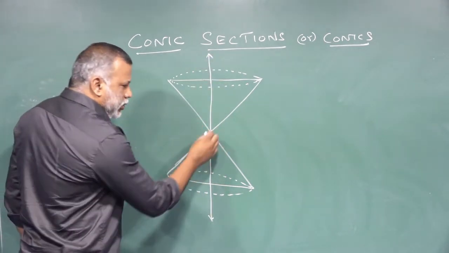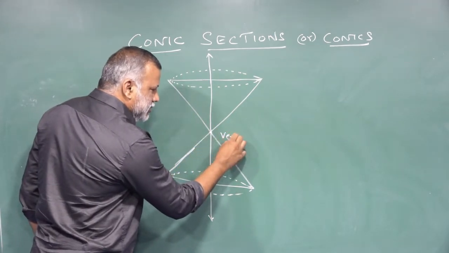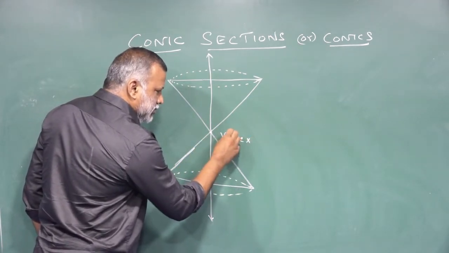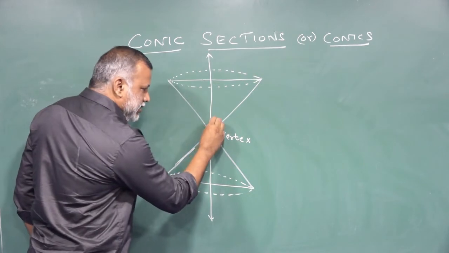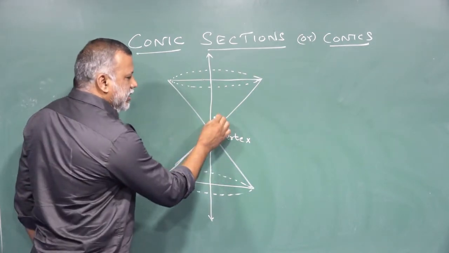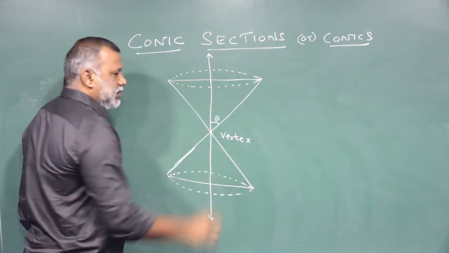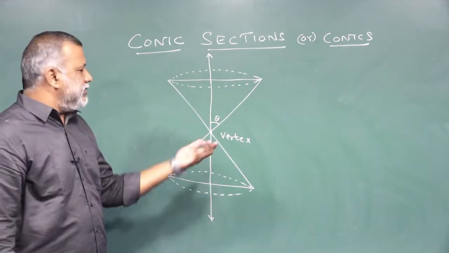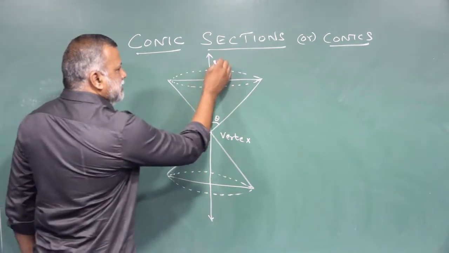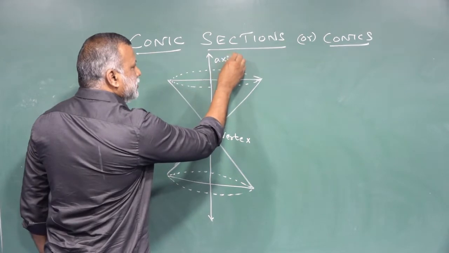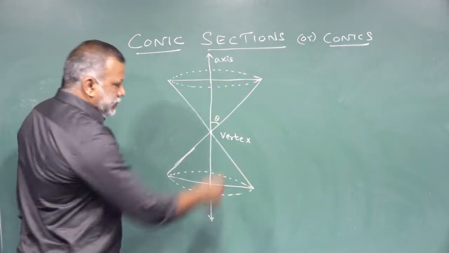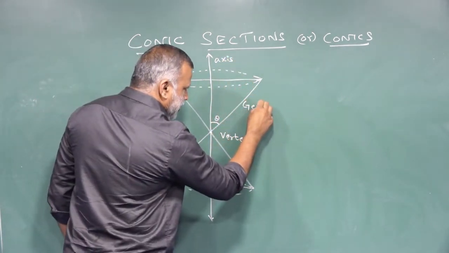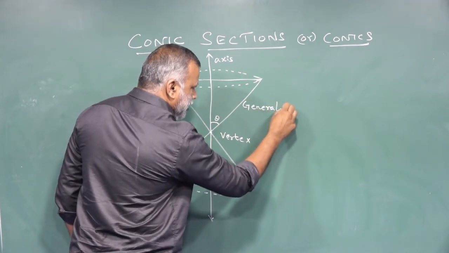This double napped cone, this is called the vertex. This is a semi-vertical angle, which can be denoted by theta. Then this line is the axis, and this is called the generator.